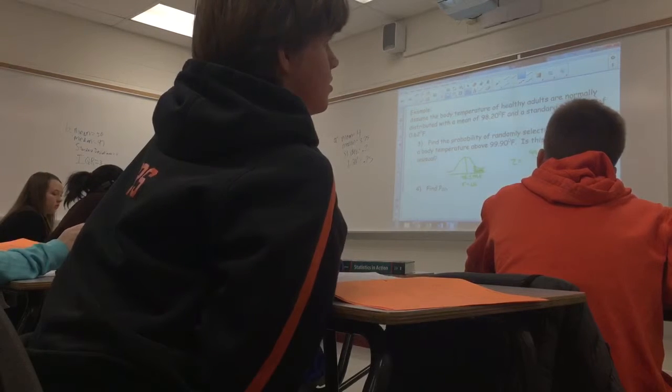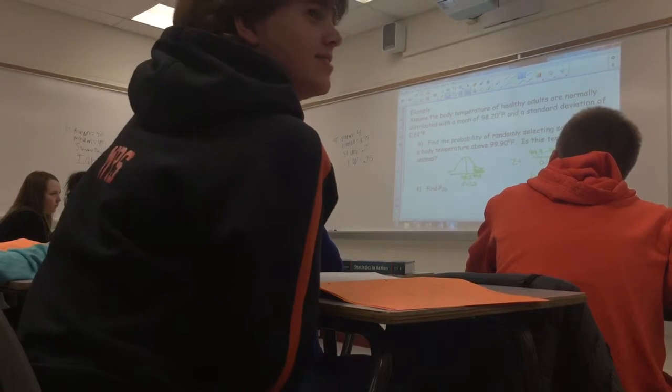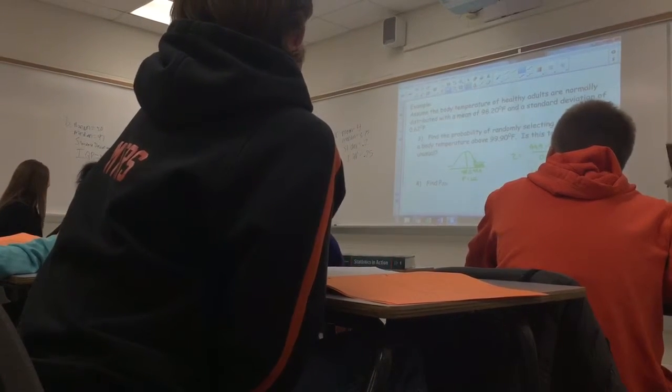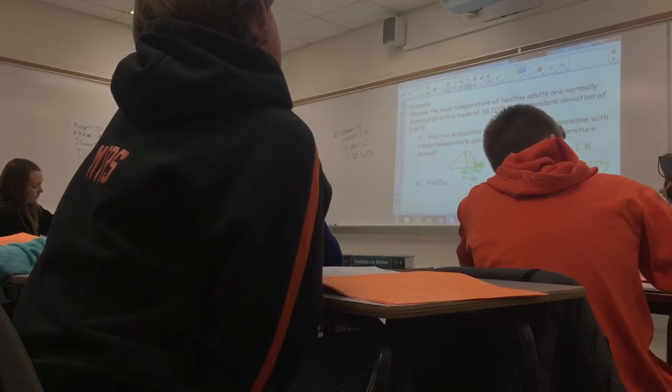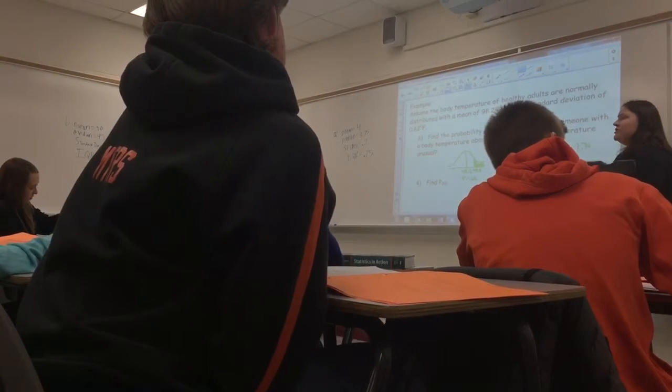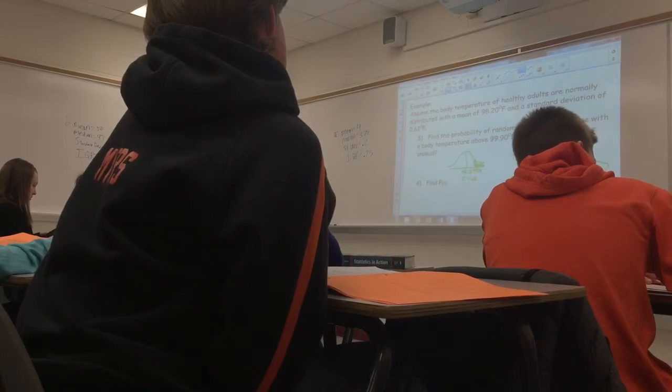Is that less than 5%? Yeah, so it would be unusual. All of our body temperatures are a little bit different, so somebody who's healthy to run a temperature that's about 99.9 would be unusual. It's not impossible, but it would be unusual. So yes, unusual.